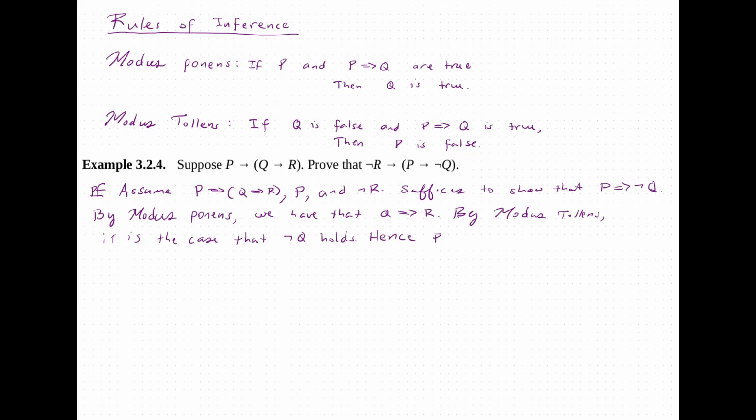And so hence we have P implies not Q, and consequently not R implies P, which implies not Q, since not R was part of our assumption, and now we have gone through with this assumption to get that assuming this, we do get back P implies not Q. And so we are done with the proof.